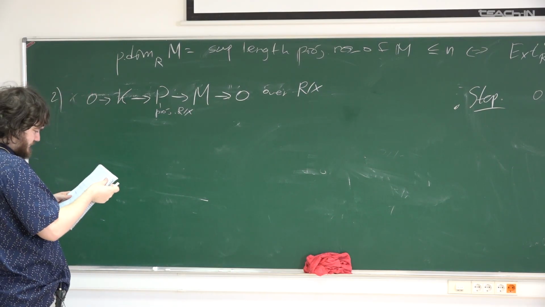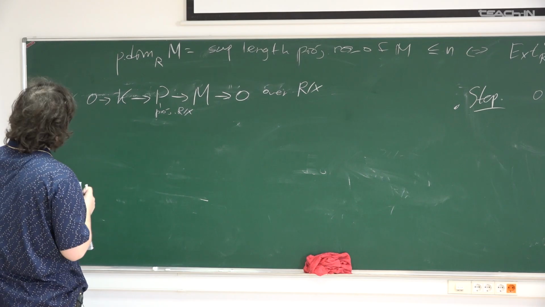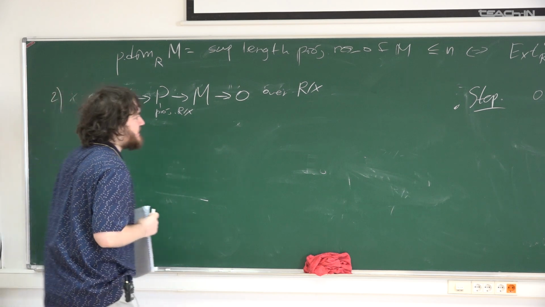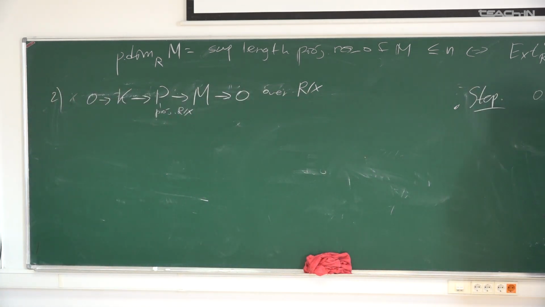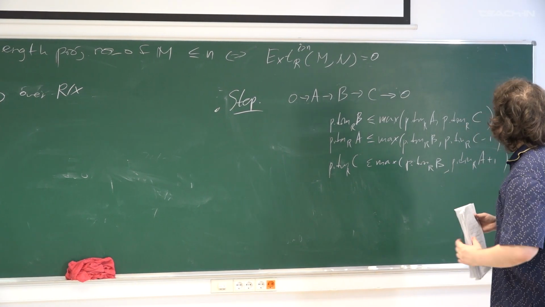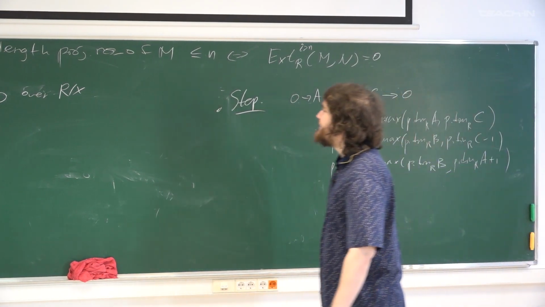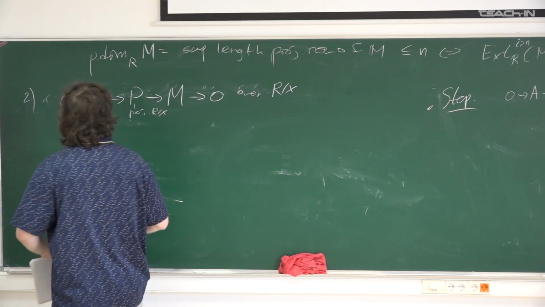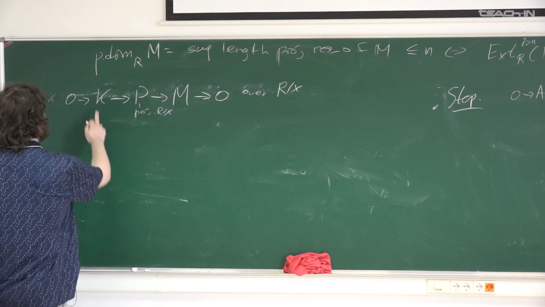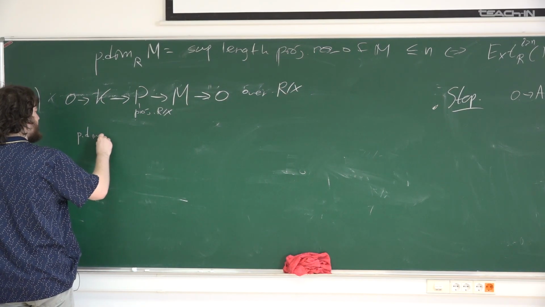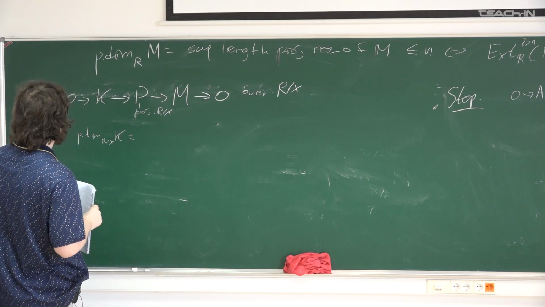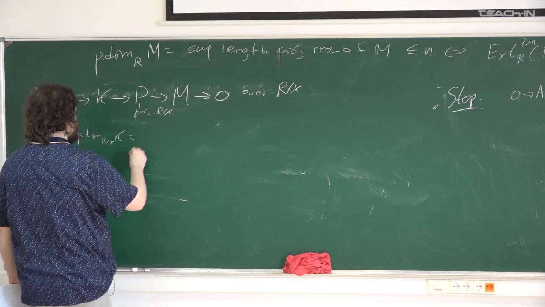First of all, from these equalities it also follows that if this is a projective module, if it has projective dimension 0, then of course the projective dimension of this module is exactly one less than the projective dimension of this module.